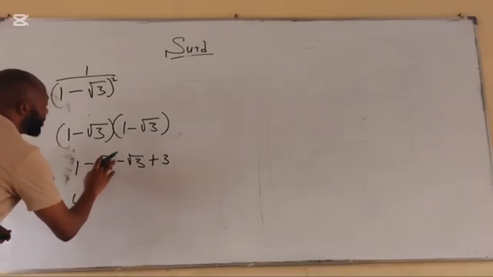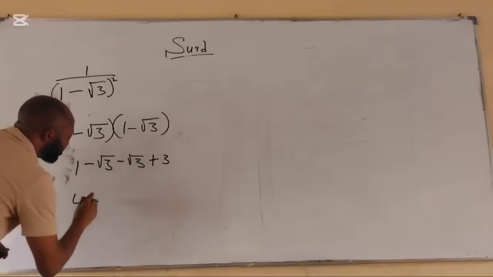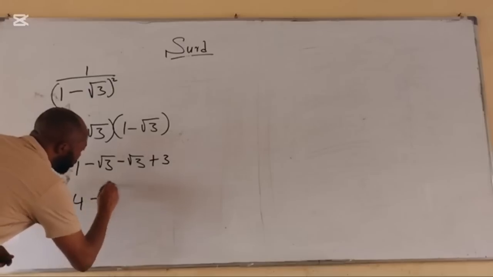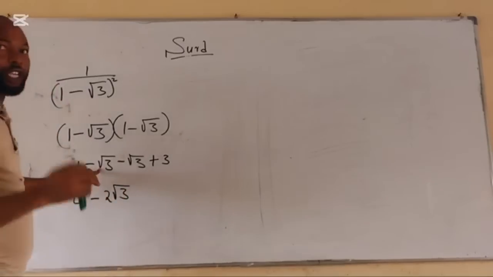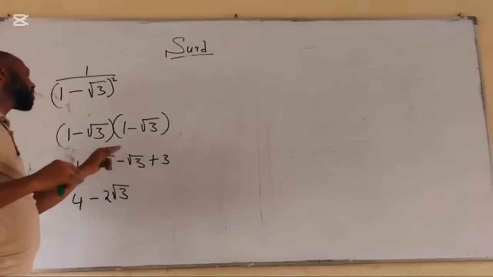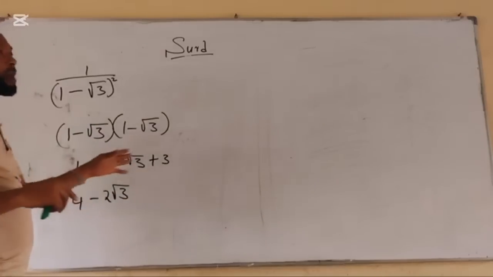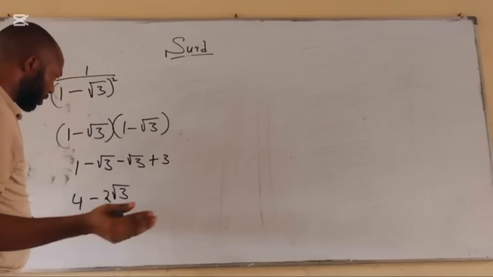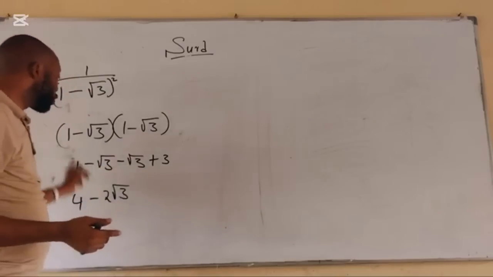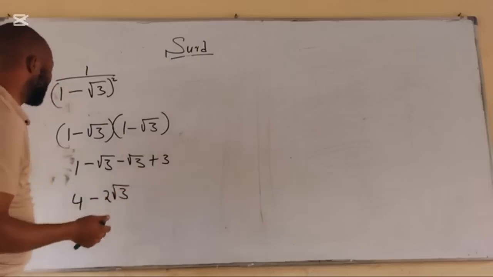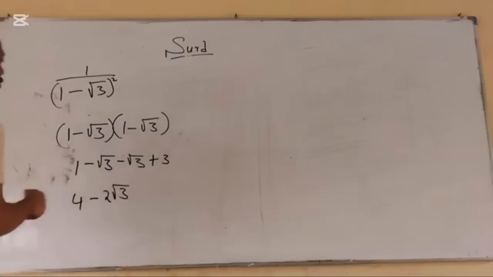Minus root 3 minus root 3 is minus 2 root 3. Minus root 3 again, like minus 1 minus 1 is minus 2. So I have minus root 3 minus root 3 is minus 2 root 3. So now I have to proceed.